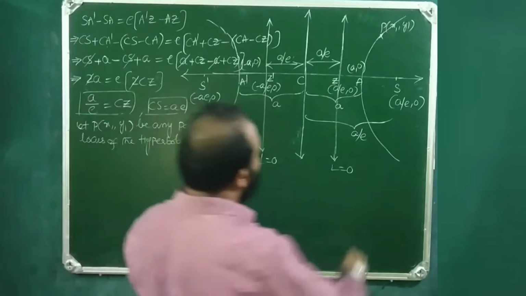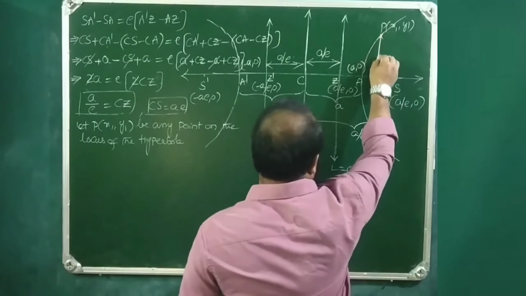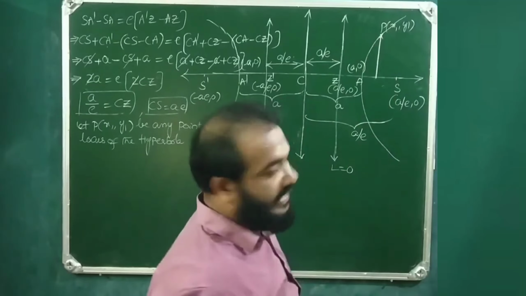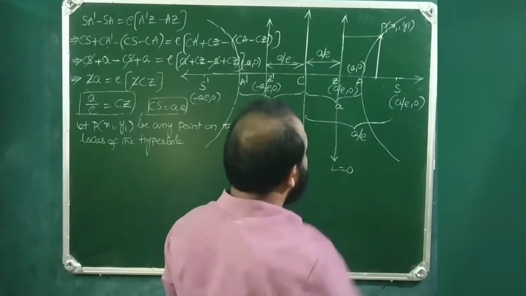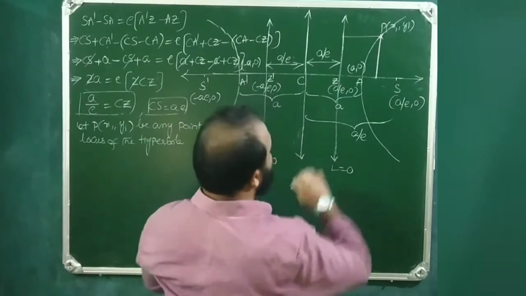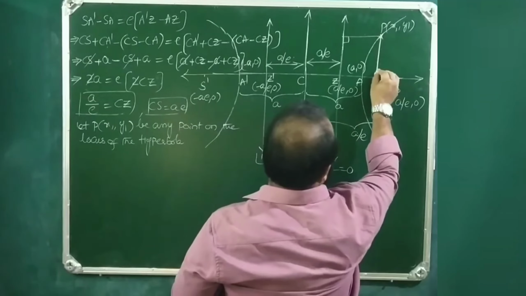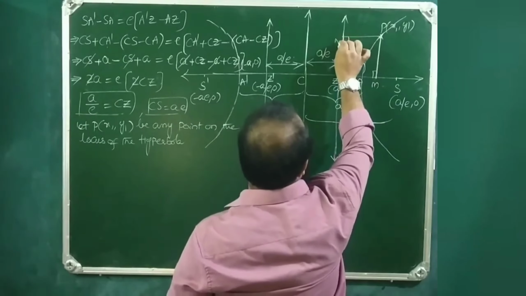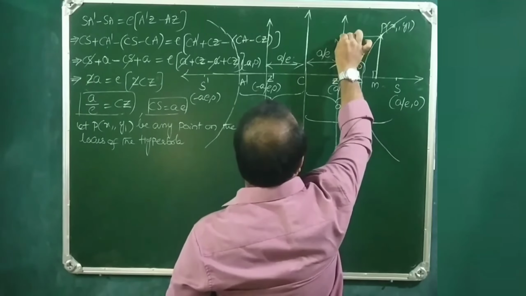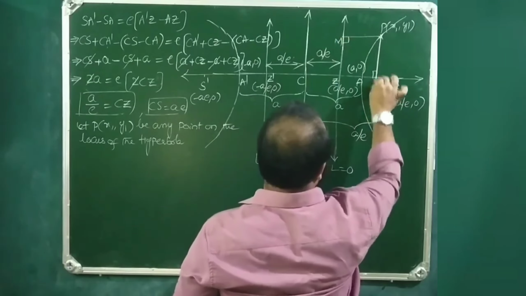So now from P I draw a perpendicular onto the x-axis and from P I draw a perpendicular on the directrix L equals to 0. So this I call M and this is N.